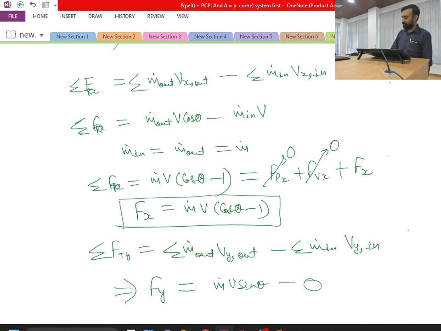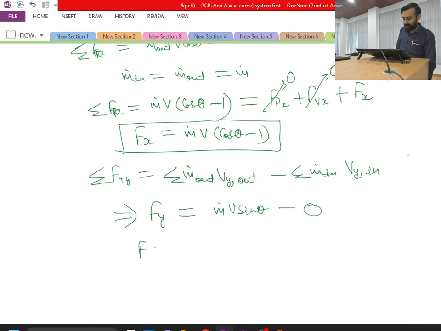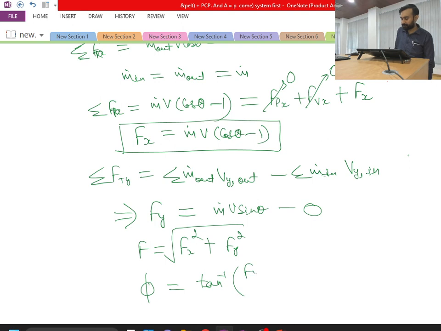Okay. So ultimately my net force F will be becoming how much? Square root of Fx square plus Fy square. And if I have to find out the angle at which this force is acting, the angle will be nothing but tan inverse Fy by Fx.